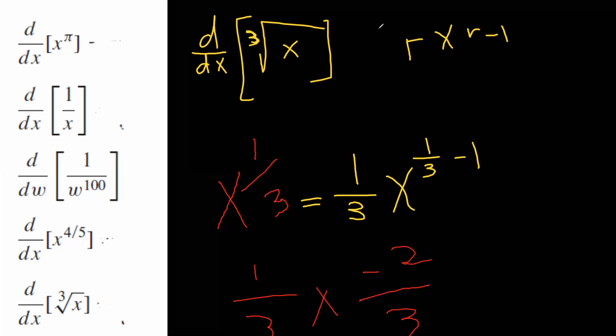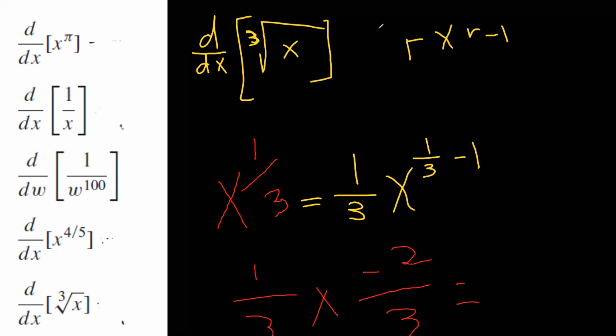This is 1/3 x to the power negative 2/3. Now 1/3 x raised to the power negative 2/3.